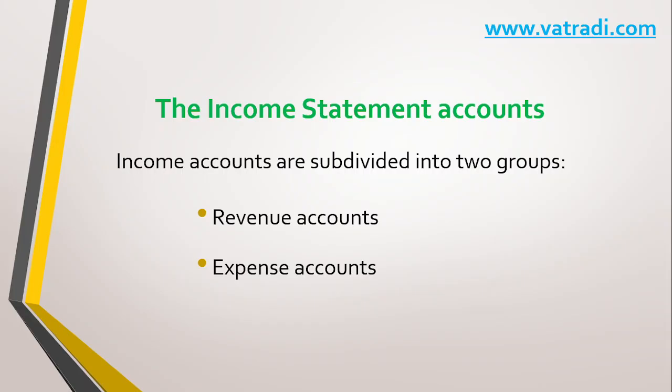If I have a small business, I can have only revenue accounts and expense accounts. However, if I'm the accountant of a big company, it's possible that the GL codes inside the revenue accounts can have subcategories to reflect the business units of the company, and the same goes for the expense accounts.